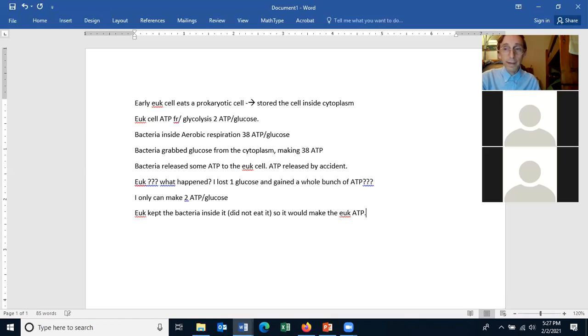Any question about that? The eukaryotic cell kept the bacteria inside it, meaning it did not eat it, so that the bacteria would make the eukaryotic cell ATP.